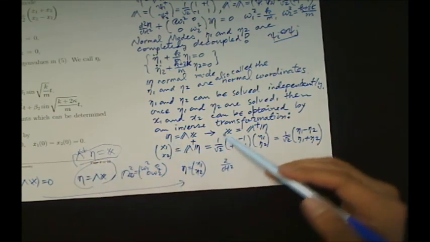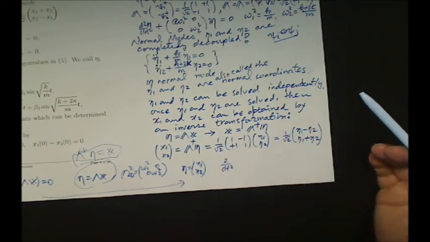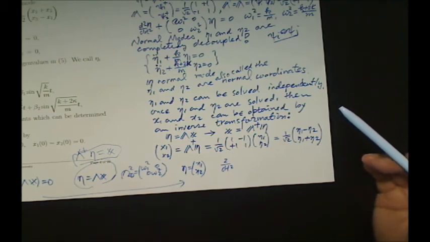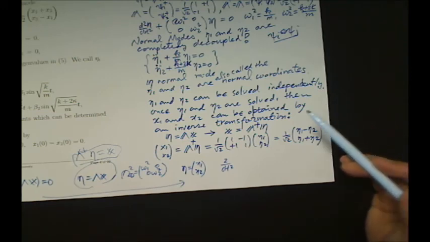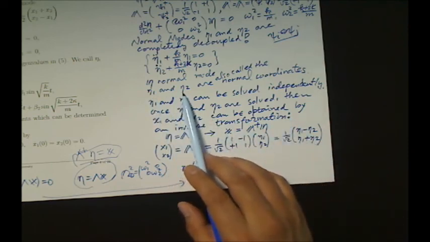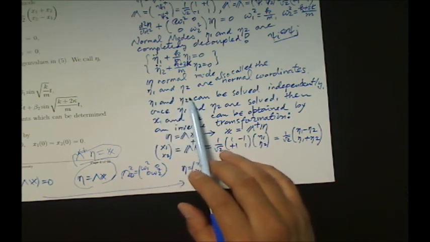So by diagonalizing the matrix omega squared into omega d squared, the equations of motion for x1 and x2 are completely decoupled once we express the equation in terms of the normal coordinates.